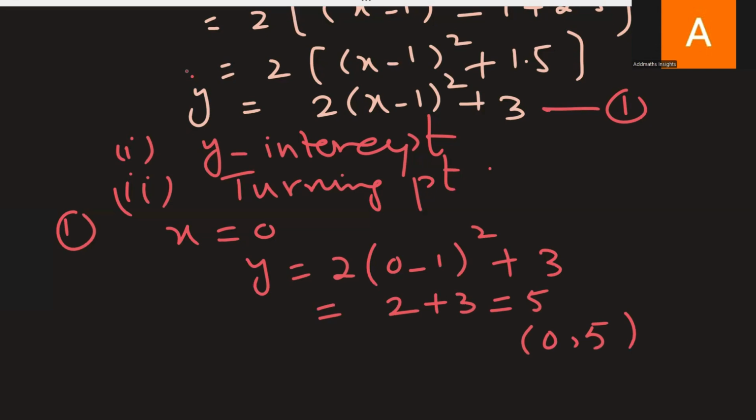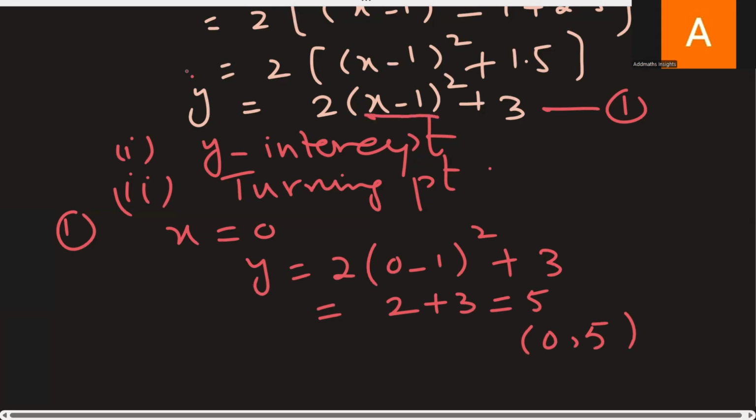And next, you need to find the turning point. The turning point is the point where the curve turns. It is very important to learn how to find the turning point. Now I'm solving the second step for you.